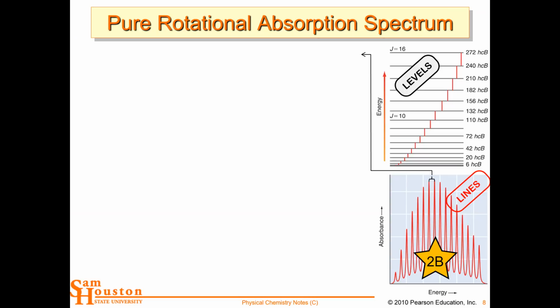So let's go back to pure rotational absorption spectrum. So this would be in the microwave region. We have the energy levels here and the spectral lines down here. And so the transition frequencies are separated by 2B, twice that rotational constant, because the first difference was 2B, the next one was 4B, the next one was 6B.